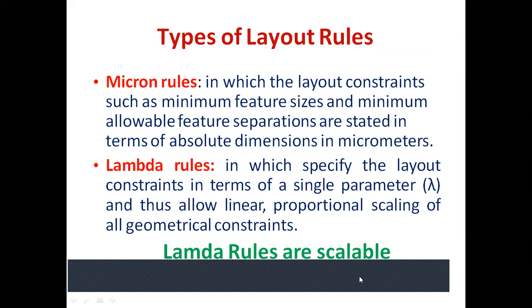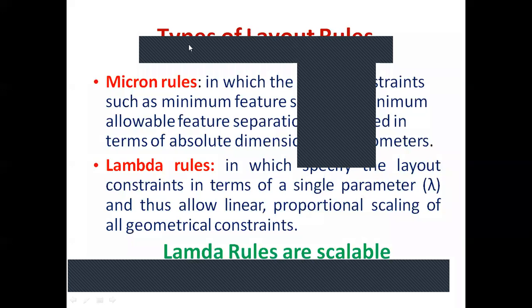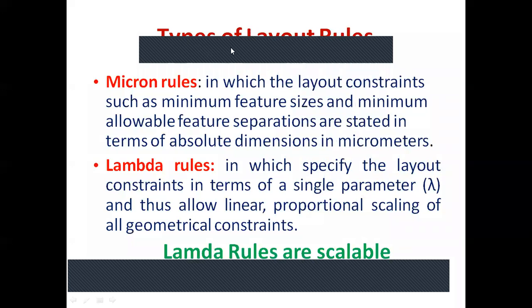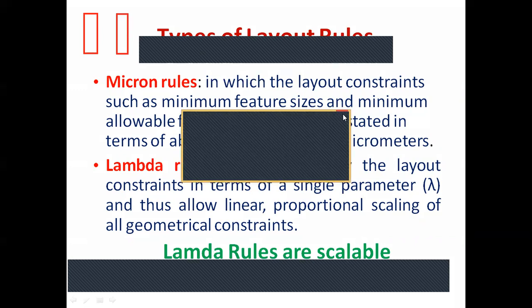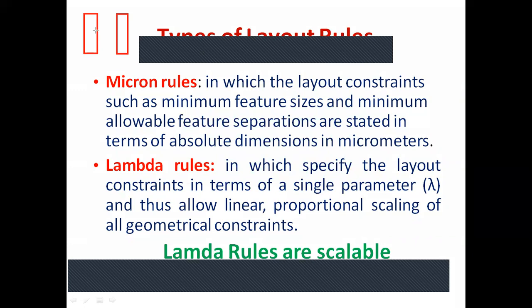What it means is, for example, if I draw two lines here, I can say that this is one polysilicon line, and there is another polysilicon line. These are two polysilicon lines. So what is the minimum distance between these two?